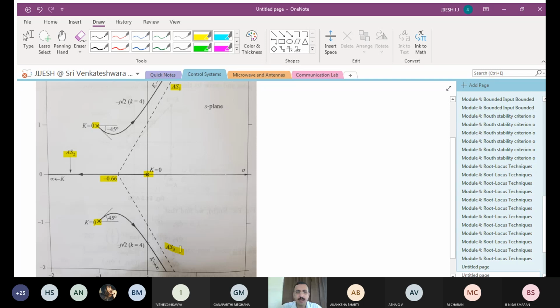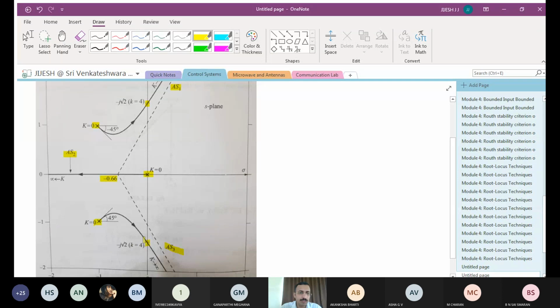After doing that, we also have to plot this point, that is j root 2 as well as minus j root 2. So this is at the value of k equal to 4.